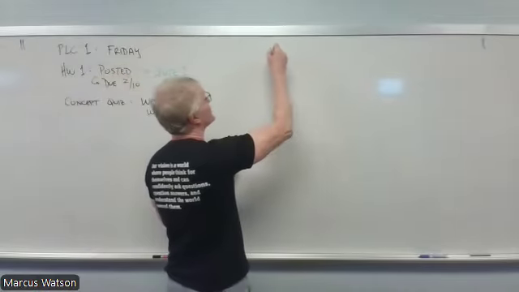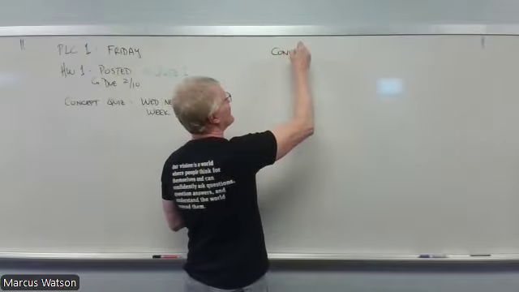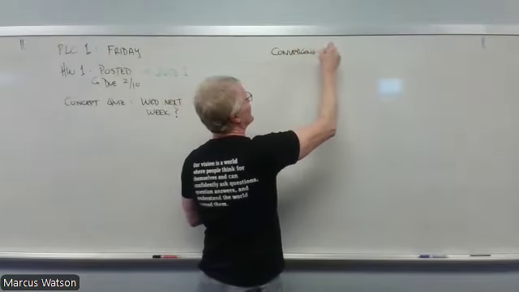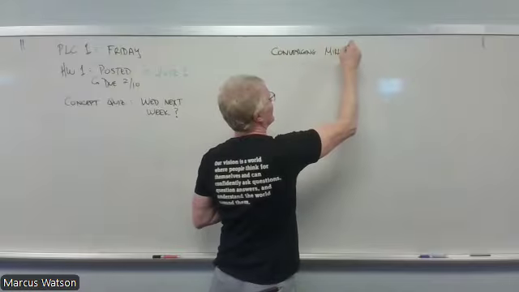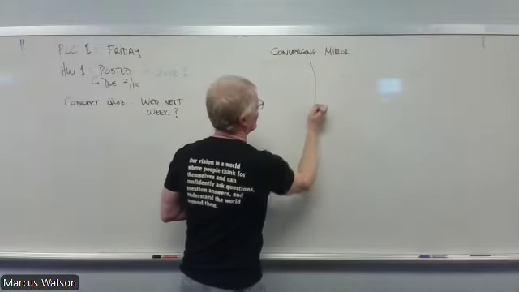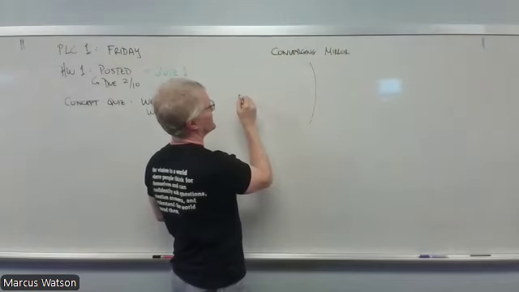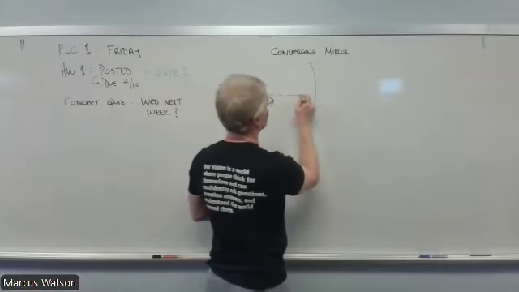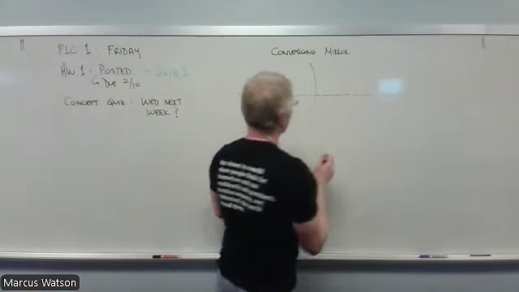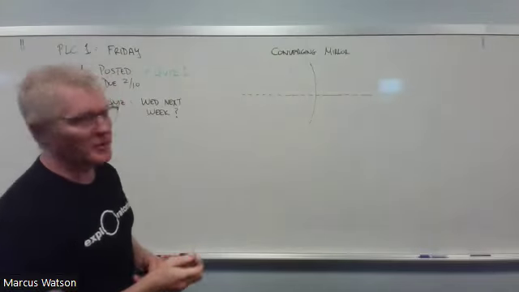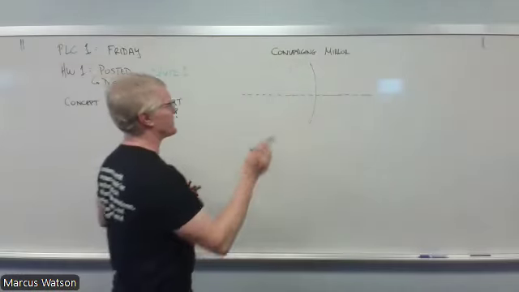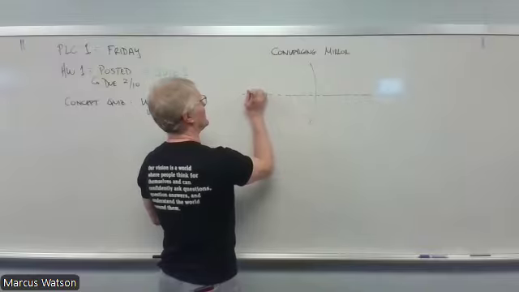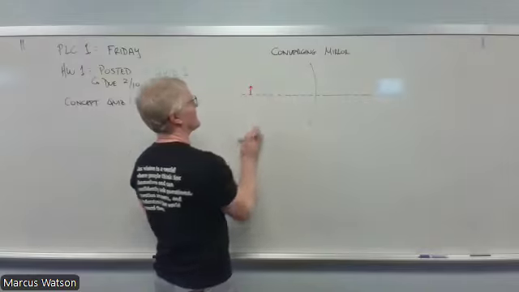So we'll go back to the converging mirror. And we'll pick out our axis of symmetry, which say is going to be about here. And I'll put an object on there, right there.